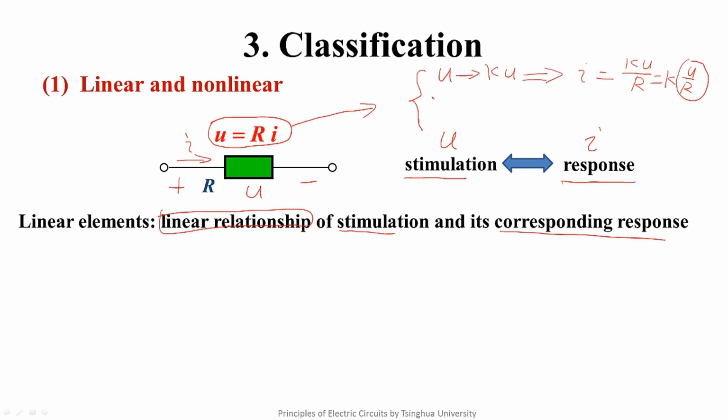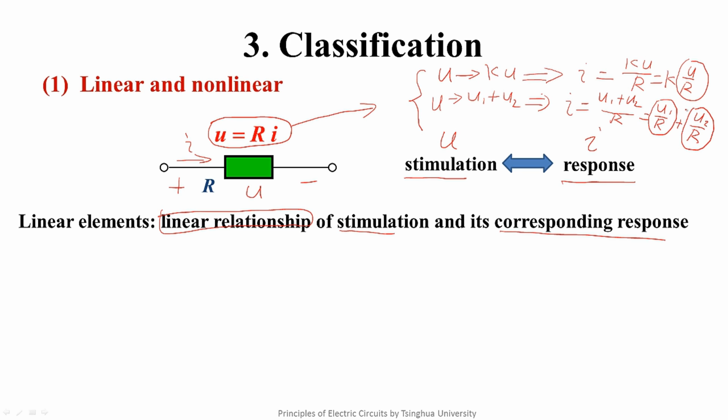Secondly, if the stimulation becomes the sum of two stimulations, then the response must become the sum of the two stimulations divided by R. They are respectively U1 divided by R plus U2 divided by R. It is the sum of two responses under independent stimulations, respectively.